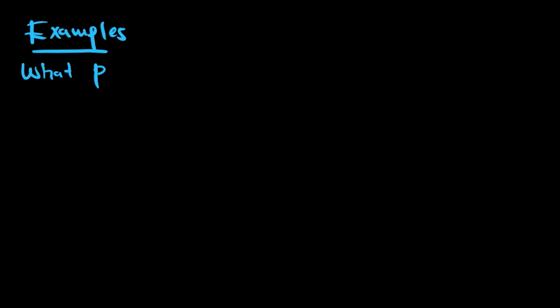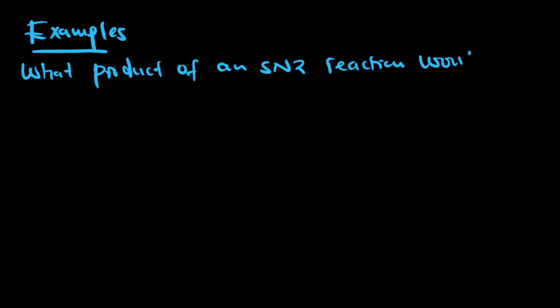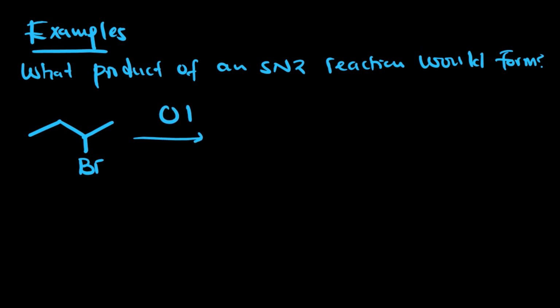So what product of an SN2 reaction would form if you react 2-bromobutane, so this is our butane, and then you put this in hydroxide ion there. So this is A.